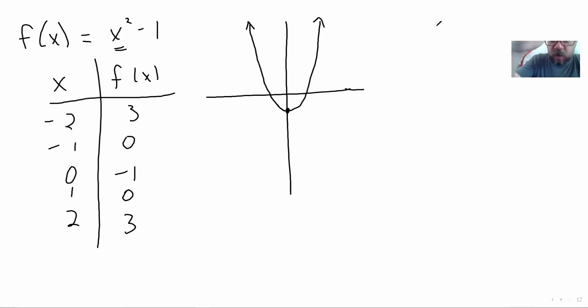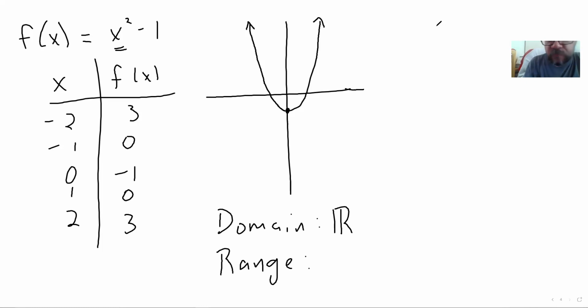It just goes up from there. So let me address the domain first. The domain is all real numbers. The range is all the y's that are greater than or equal to -1.